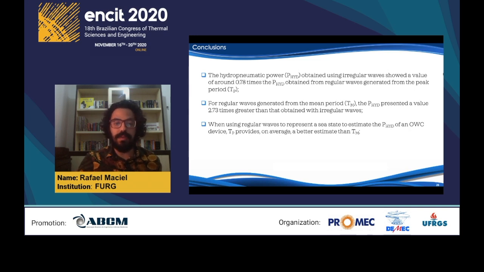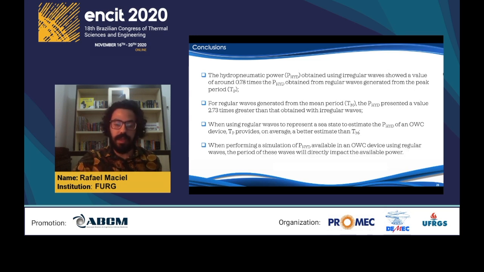When using regular waves to represent a sea state to estimate the hydropneumatic power of an oscillating water column device, peak period provides, on average, a better estimate than mean period. Finally, when performing a simulation of hydropneumatic power available in an oscillating water column device, using regular waves, the period of these waves will directly impact the available power.